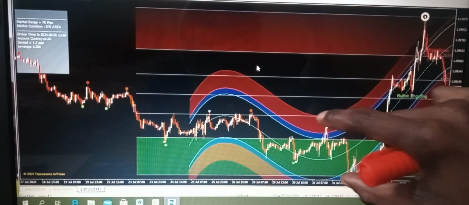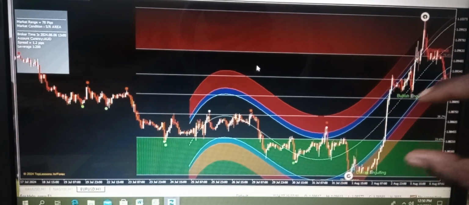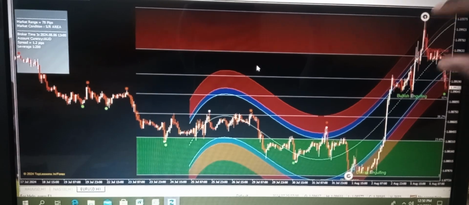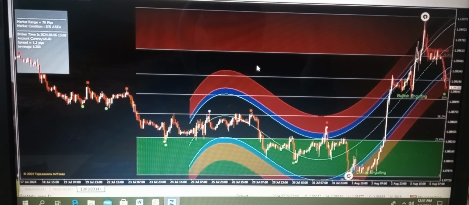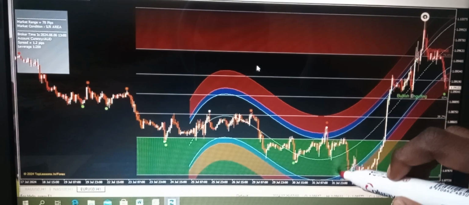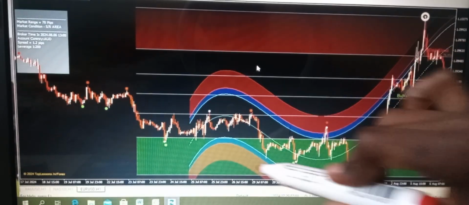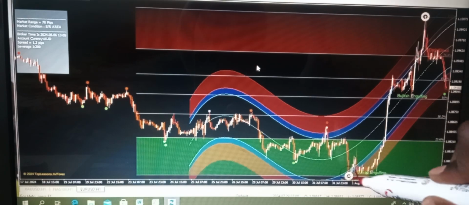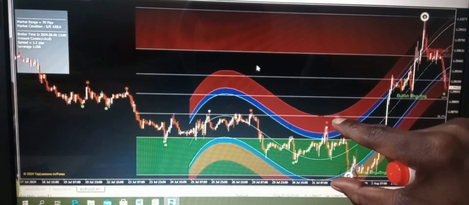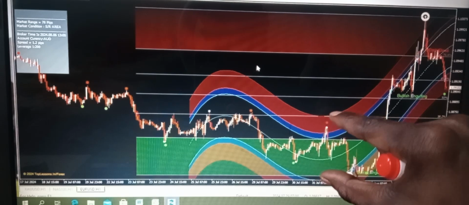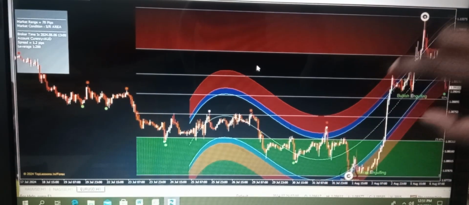Okay, now the channel moves with the direction of the market. If the market is buying, the channel will buy. If the market is selling, the channel will sell. Now, the nice thing about the channel is you have to wait for a channel to change direction. As you can see, the channel was selling, right? Now, you have to wait for the channel to do what? To give you a sign or change direction to the bullish movement.